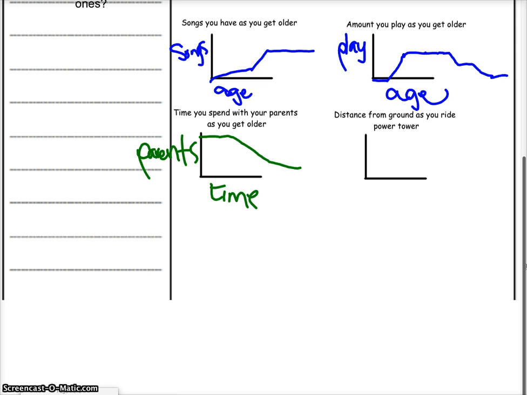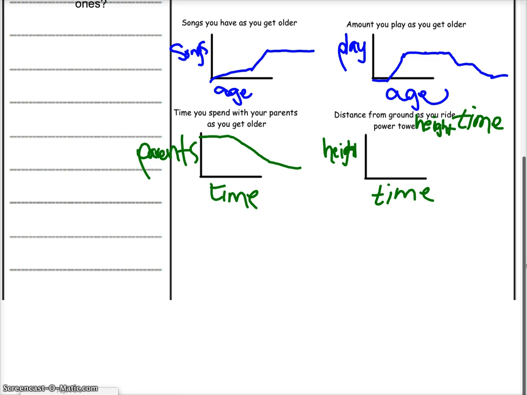So what should go on the bottom here? The two things we're talking about are time and height. Time will always go on the bottom. Time and age always go on the bottom because age is a part of time. And height goes on the side. Height depends on how long you've been on the ride, right?